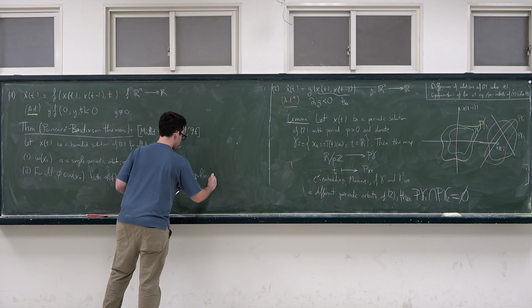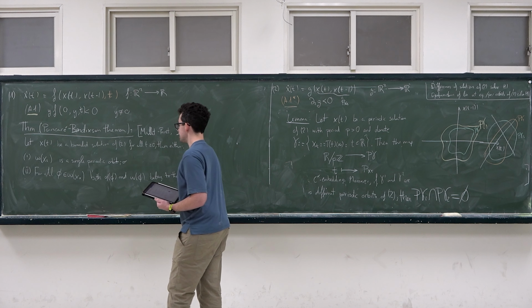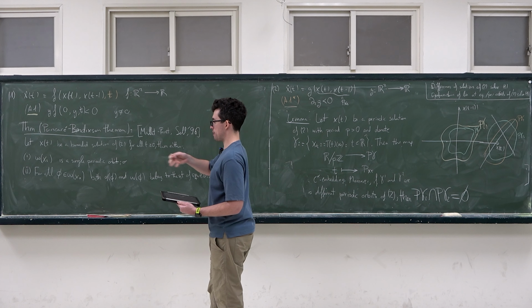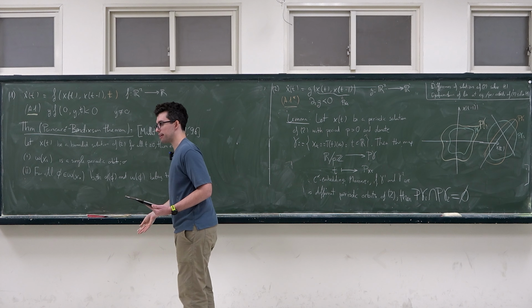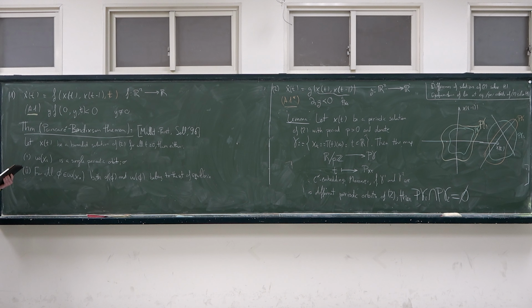Or you can write consists of equilibria. That's more precise. But I'm just saying that you could have, in principle, continua of equilibria, right? Why not?